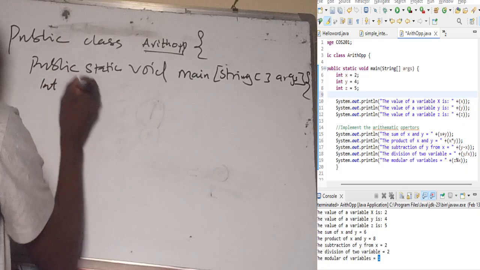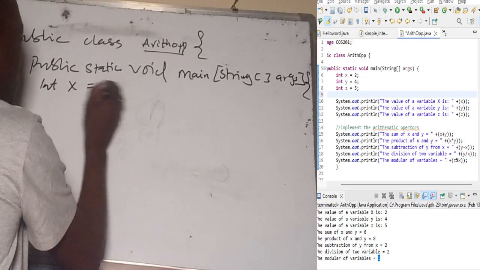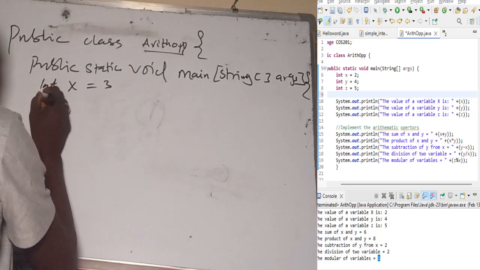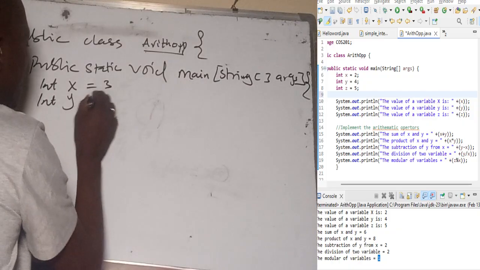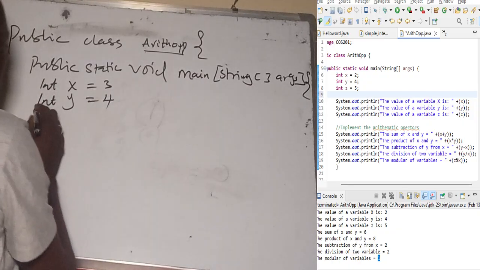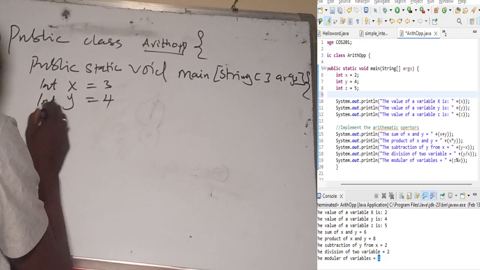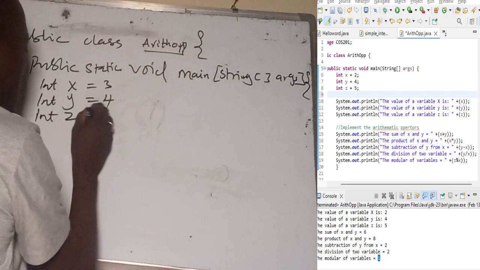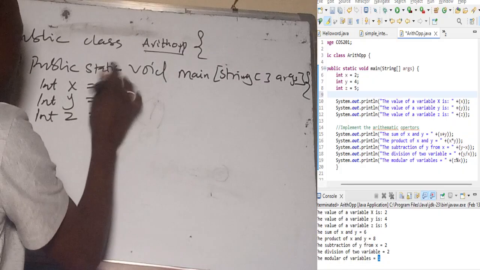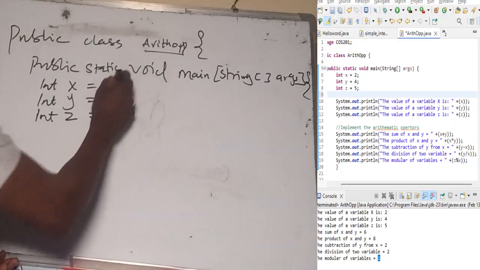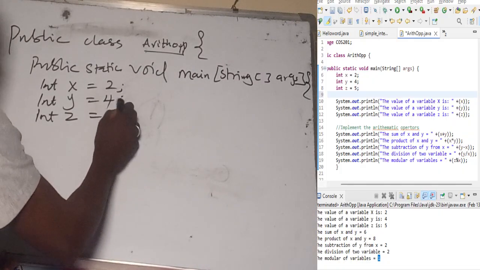So we are going to have int x is equals to 3. We have another one, int y is equals to 4. We have int z is equals to 5. Are you together? Let's say we have this as 2. Each of them, you end with a semicolon.